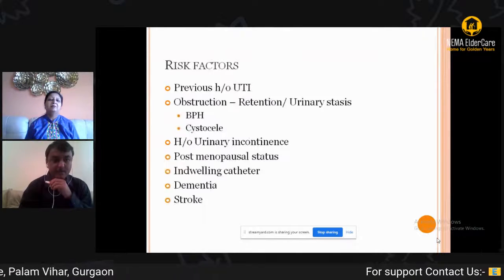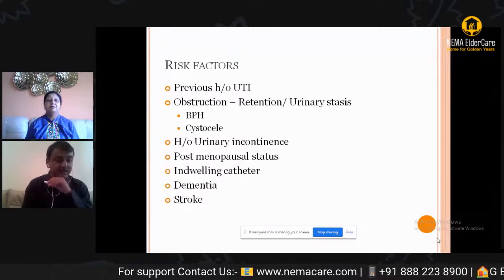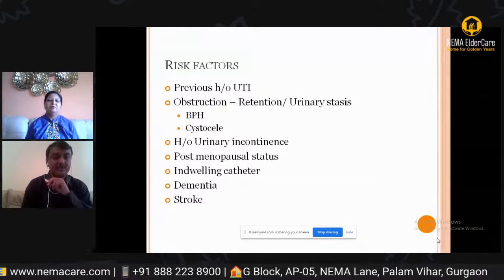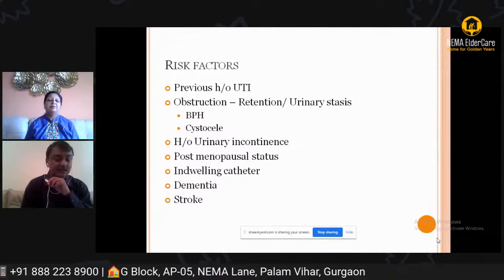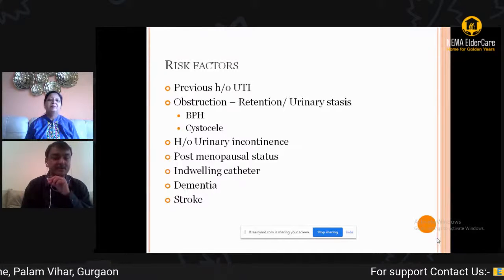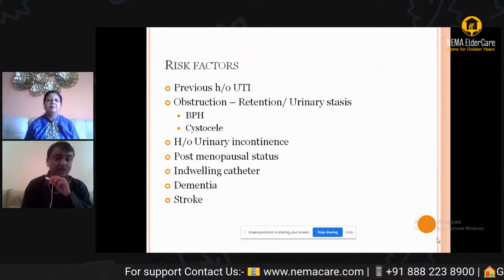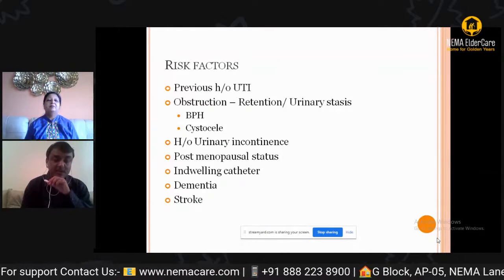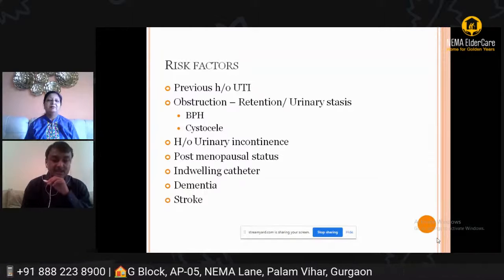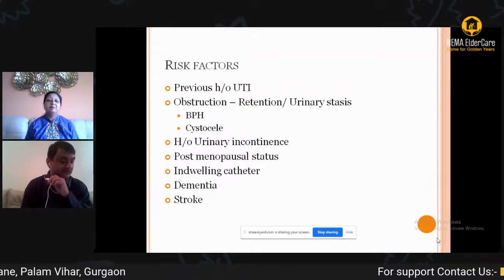If we come to the risk factors, then it is important to understand that the strongest and the most consistent risk factor which can predict the occurrence of a urinary tract infection is a previous history of a urinary tract infection. If there is any obstruction to the urinary flow, which will lead to the retention of urine or urinary stasis, it will also be a predisposing factor for urinary tract infection.